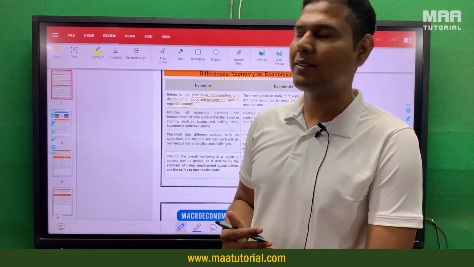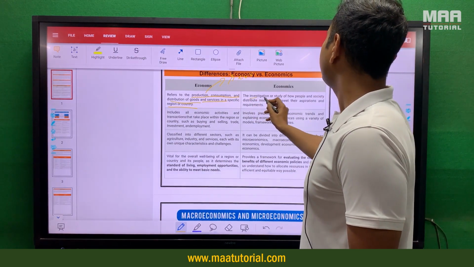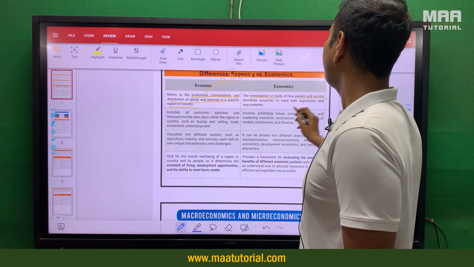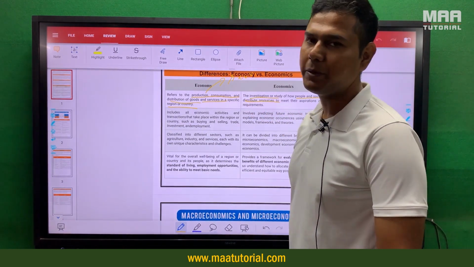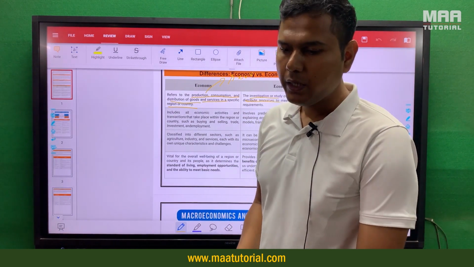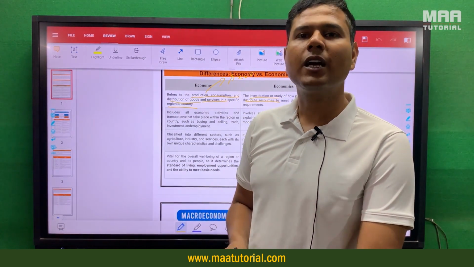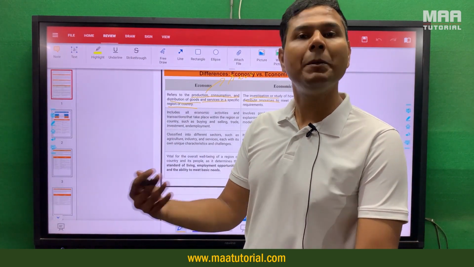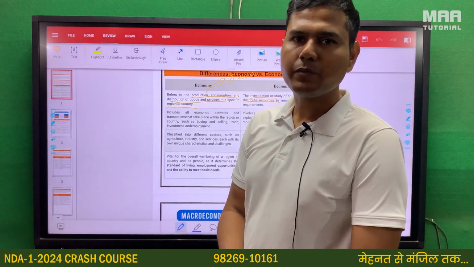The keywords for economics would be investigation or study of how people and society distribute resources to meet their aspirations and requirements. We'll study what kind of goods are produced in the country, why they are being produced, and in what amount. For example, Holi is approaching, right?